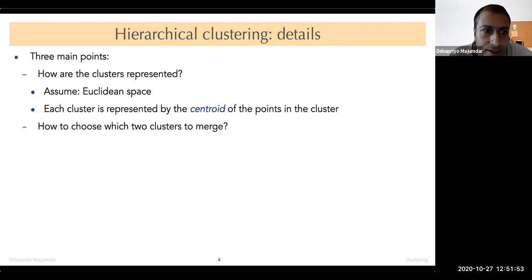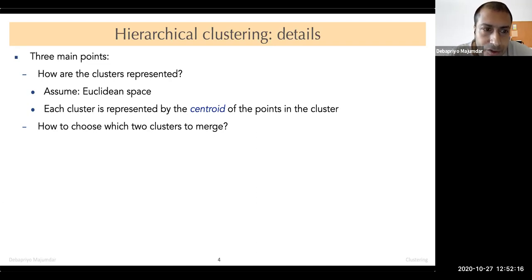You all know that. So that's the simplest way to think about representing a cluster. But then there are options about how to choose which cluster to merge, right? Which two clusters to merge. At any point of time, what we did was we merged two clusters into one cluster.